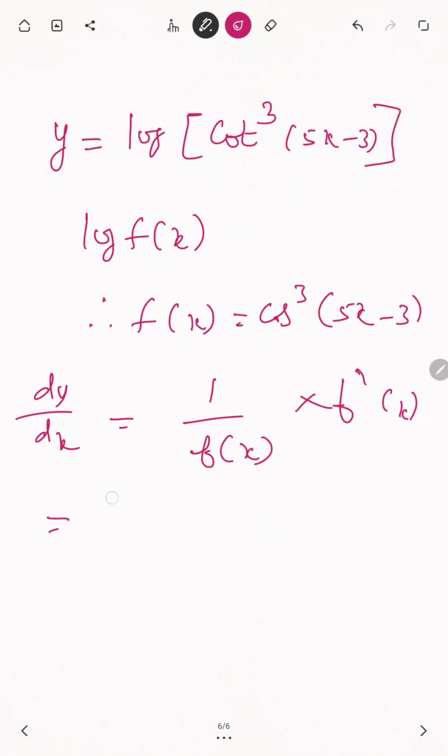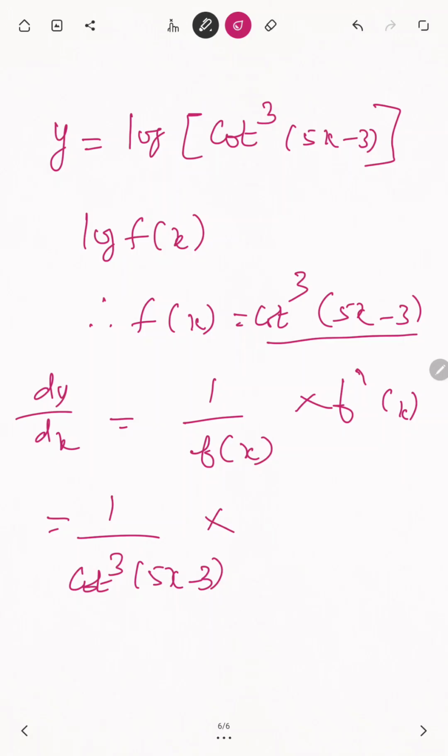So 1 by function means what? 1 by cot cube of 5x minus 3, it is cot cube only.